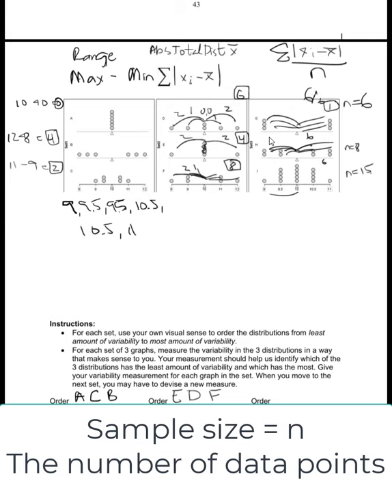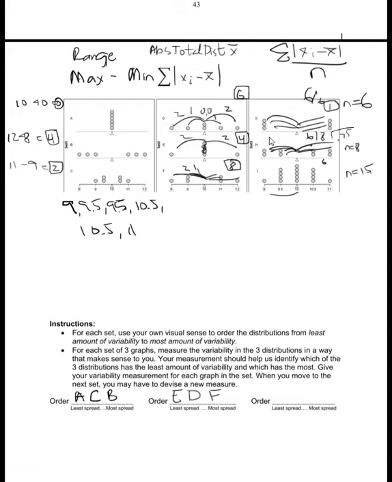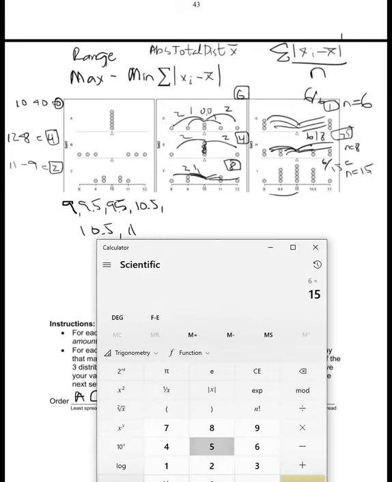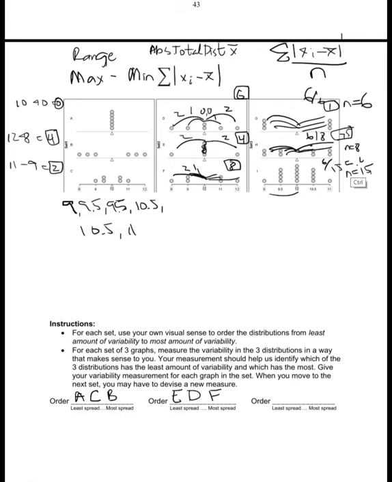And here, 6 divided by 8 is now 0.75. And here, 6 divided by 15 is 0.4. Now we've got a 0.4, a 0.75, and a 1. Order these, right? So now we've got it as IHG.